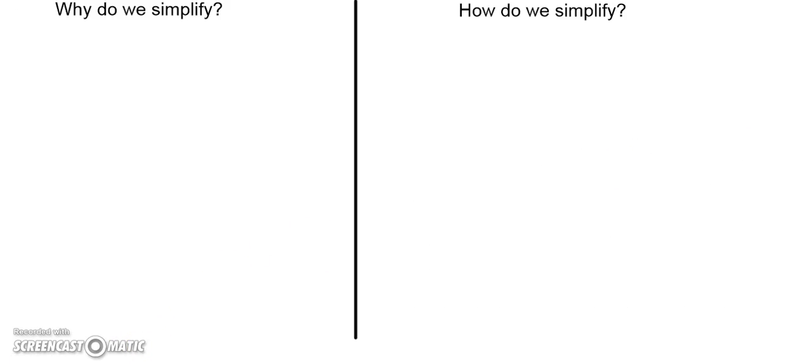So let's talk about expressions. You might have heard that we talk about simplifying expressions. Why do we simplify expressions? So for instance, if I had, let me give us an example here, an expression that didn't involve any letters, 3 plus 5 minus 2.